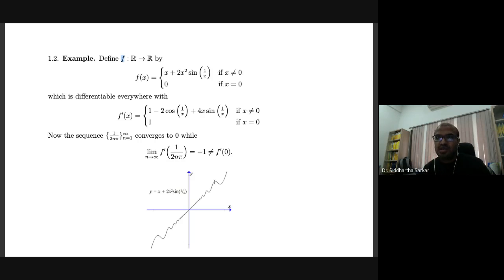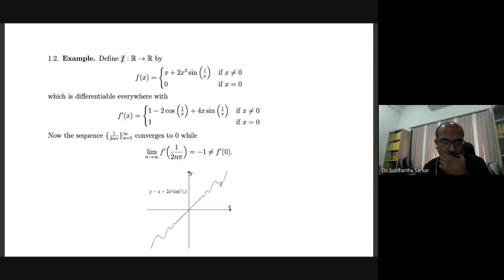So for instance, in this function, you can see that around this corner over here, the derivative vanishes. Just by seeking out something like Rolle's theorem, you can easily find two points very close enough whose values are the same. You can actually draw a horizontal straight line which passes through two consecutive points which give the same values.